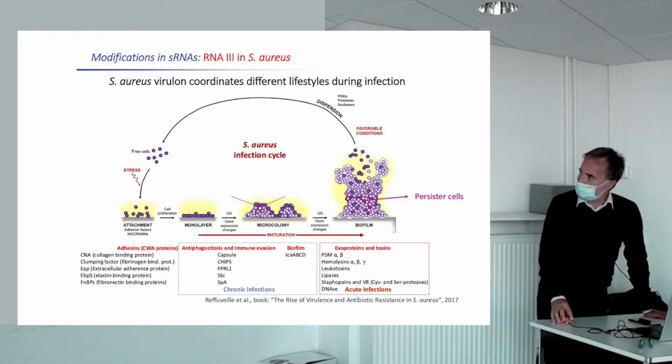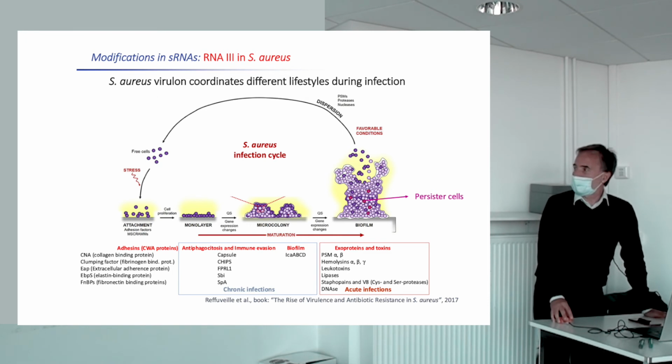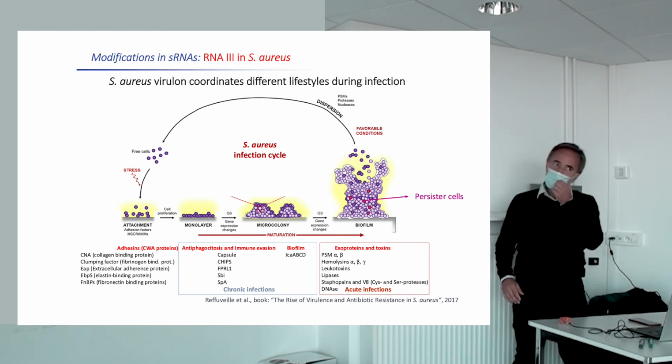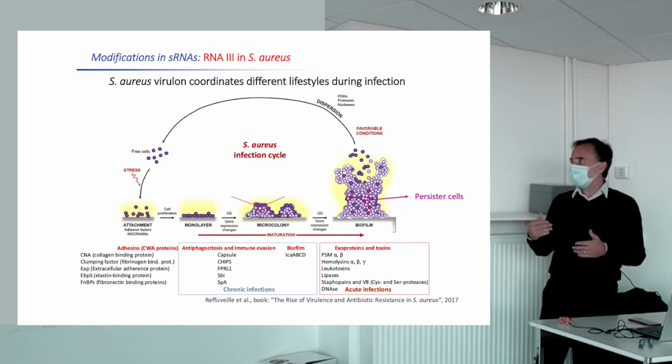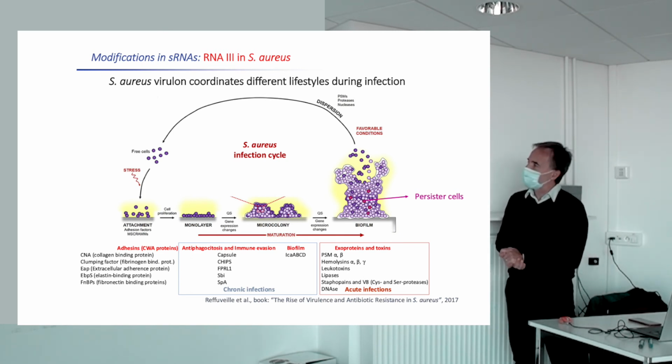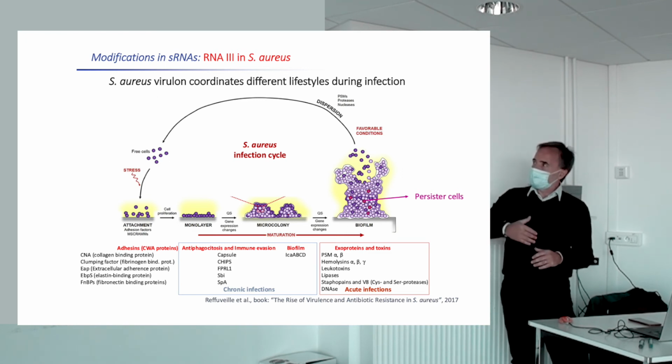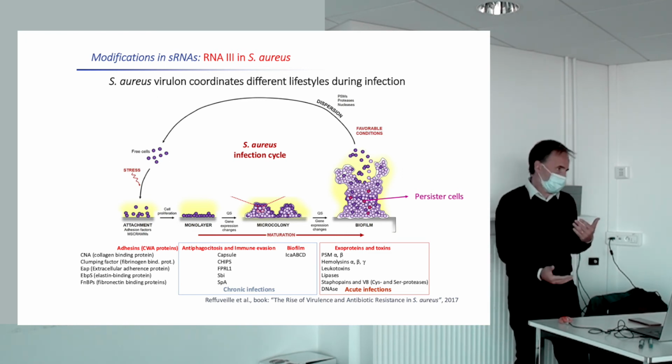You see the colony is much bigger here, and at one point, when there are a lot of cells, this is an abscess, then the bacteria start to remodel the biofilm, and several cells can escape this abscess site, travel in the blood, and reach new infection sites.